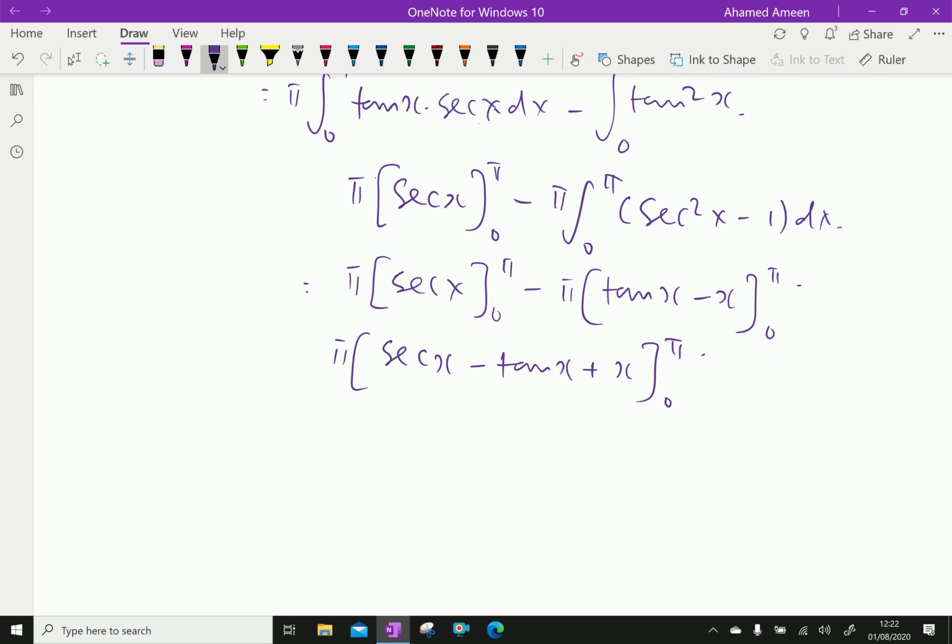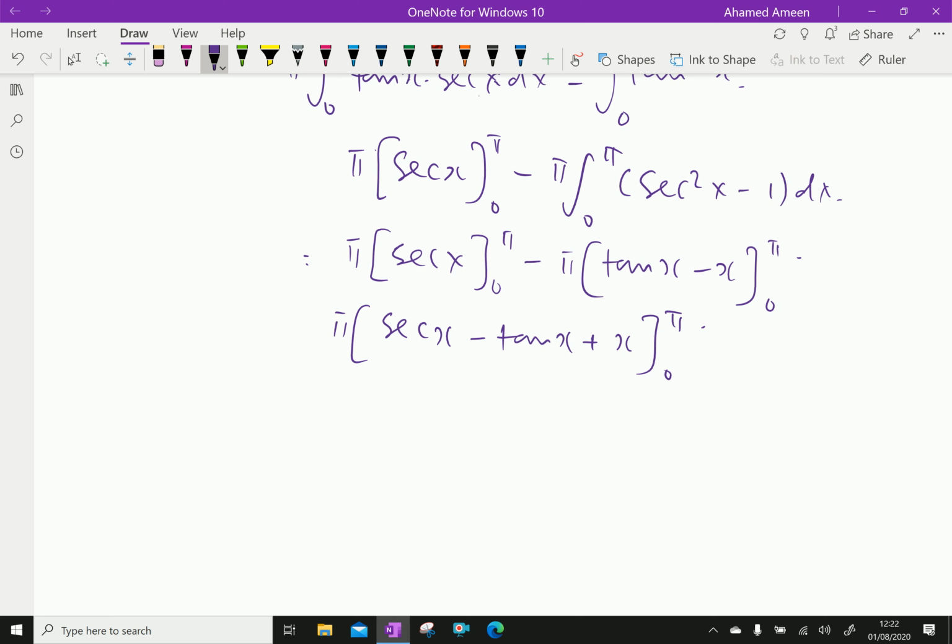Now we give the values: pi into secant pi minus tan pi plus pi, minus secant 0 minus tan 0 plus 0.